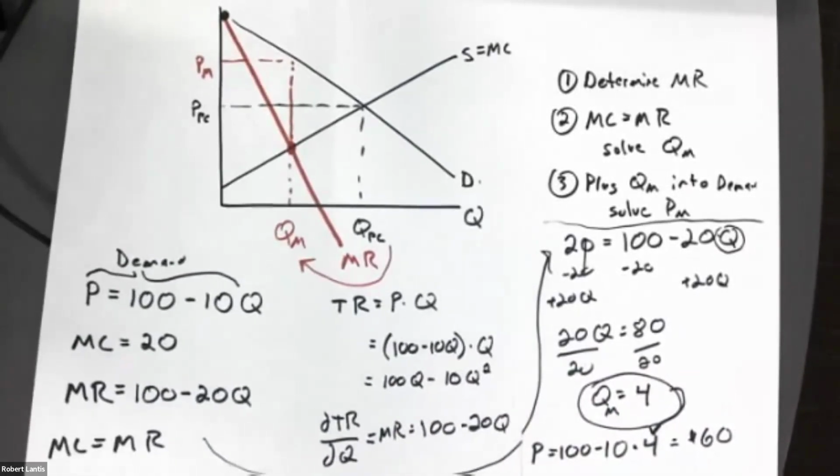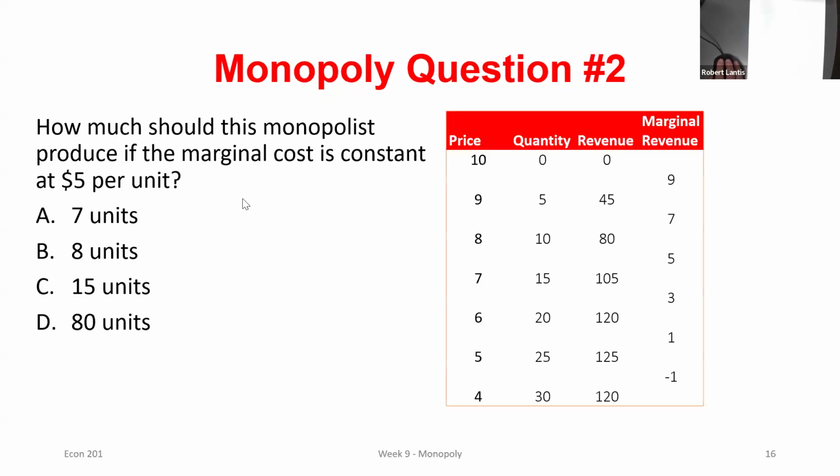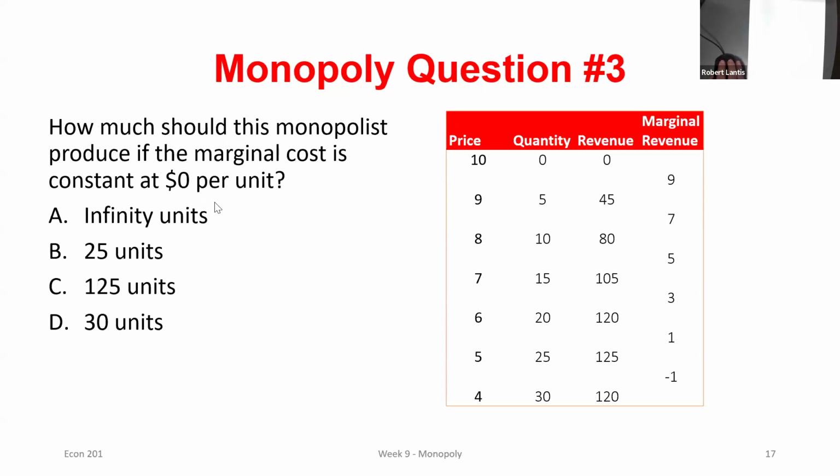So we can do this with visuals. We can also do this with equations. Now, if I'm thinking about some more general characteristics of these monopolists, and I had these types of questions, how would I answer? What's true for the profit maximizing monopolist? We'll work through an example where we find the profit maximizing quantity and also the price.